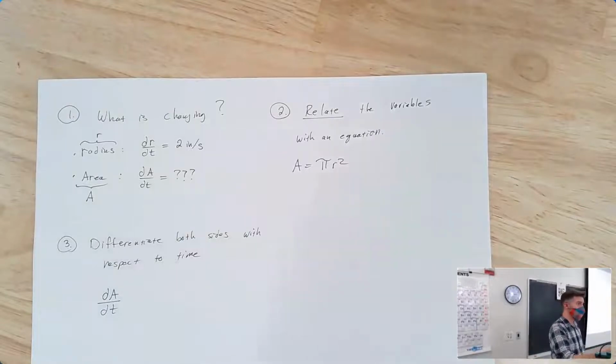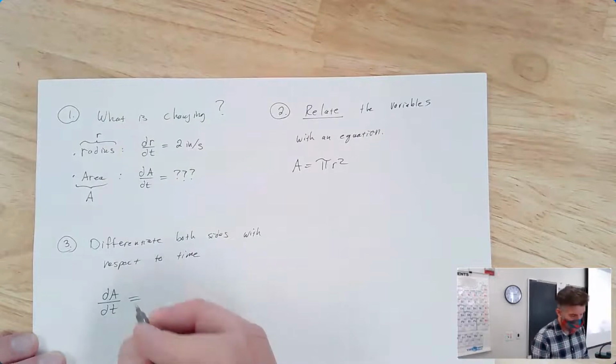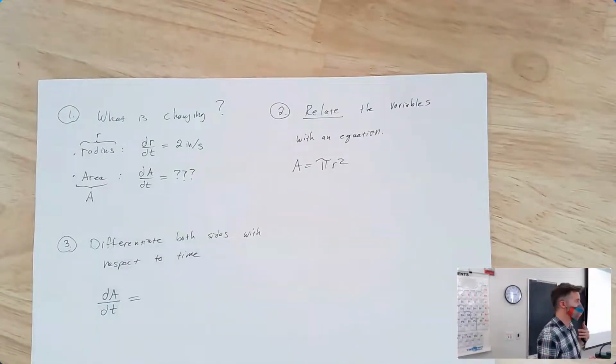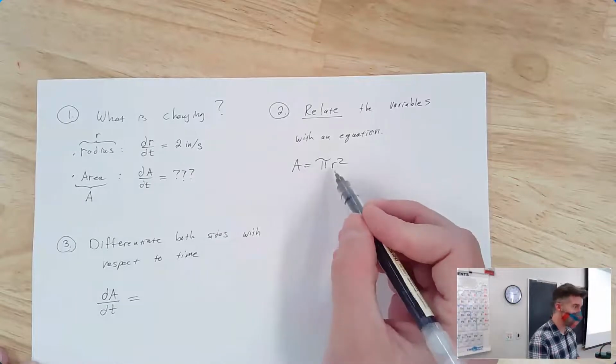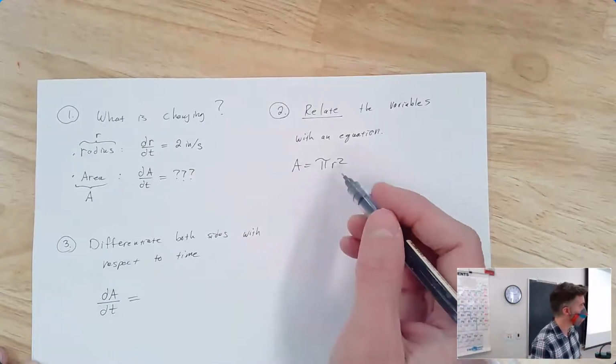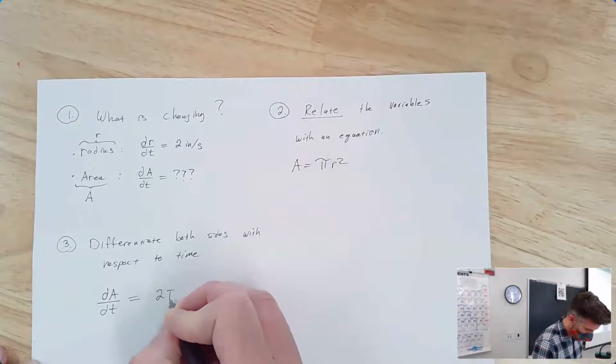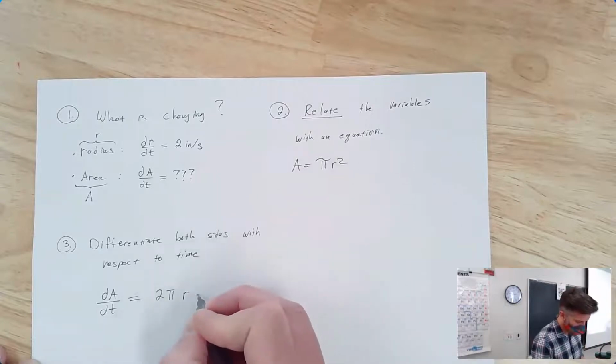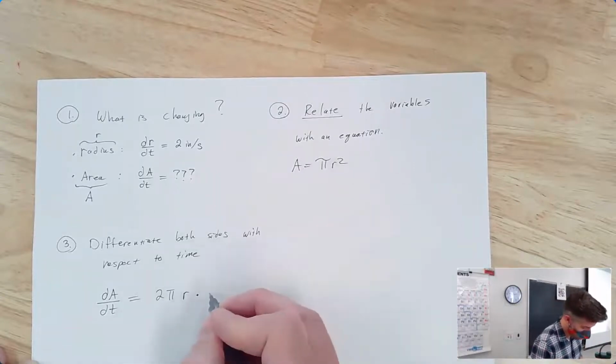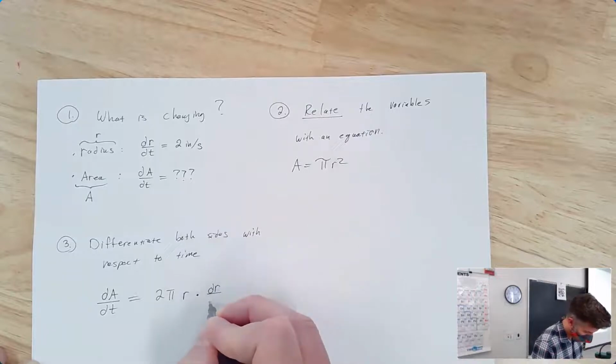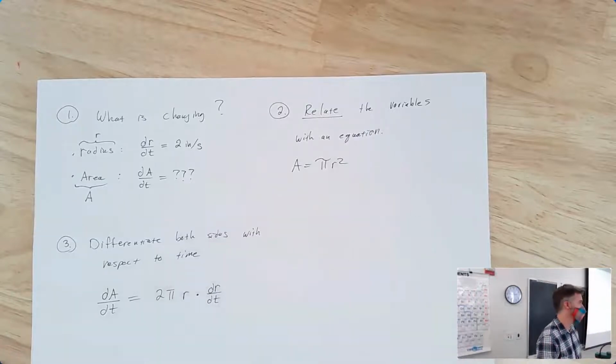It's the change in A over the change in t. Now what's the derivative of pi r squared with respect to time? Well, I have pi times some stuff squared. And the derivative is 2 pi times my stuff times the derivative of the stuff.